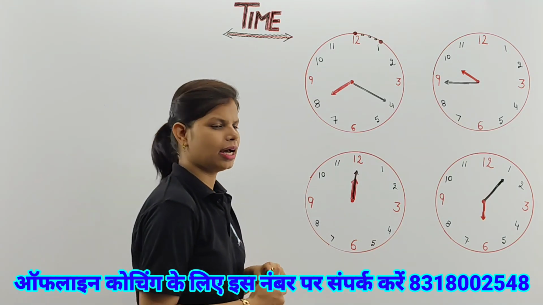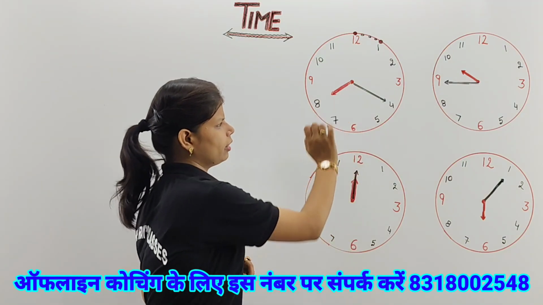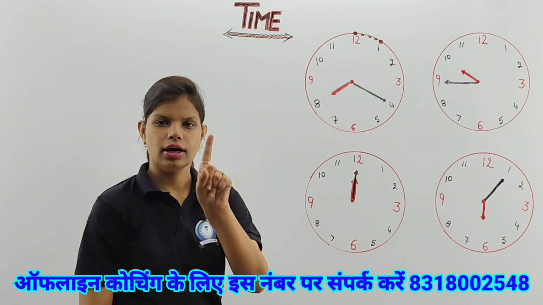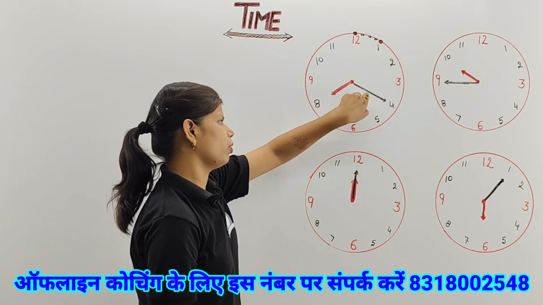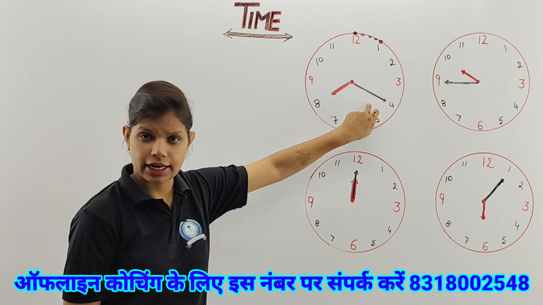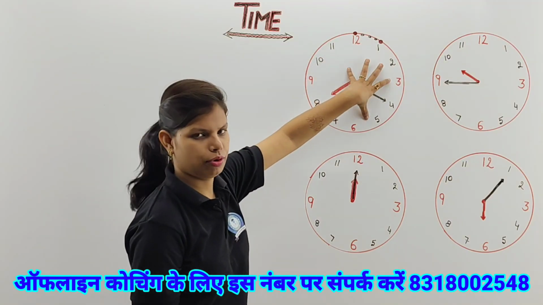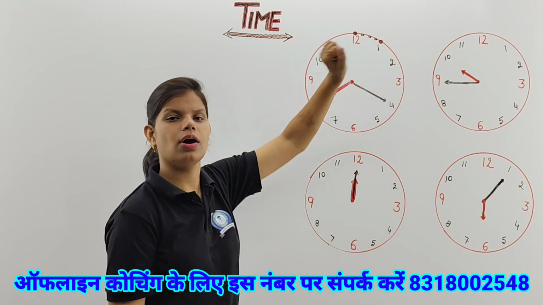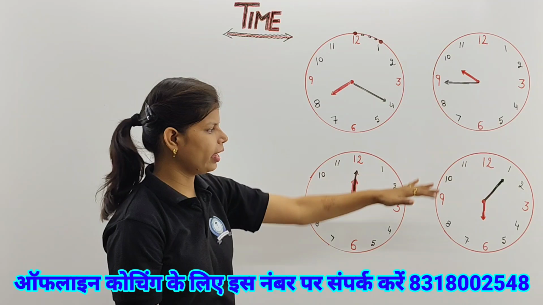A few minutes back I explained that the smaller hand of the clock is called your hour hand and the bigger hand is called your minute hand. And one moving hand that I have not drawn, which is always moving, is your second hand. So from here you can understand.